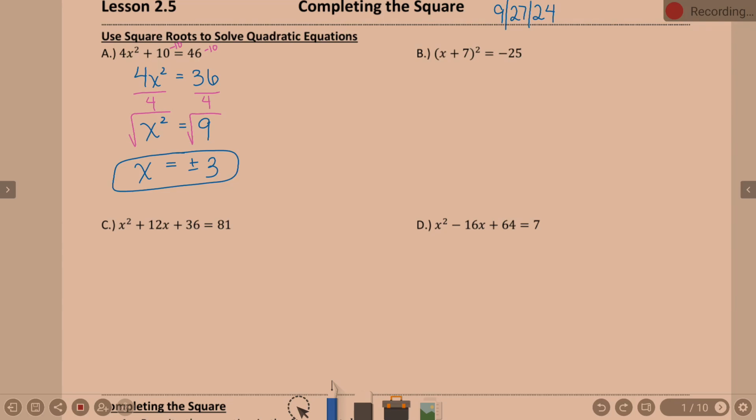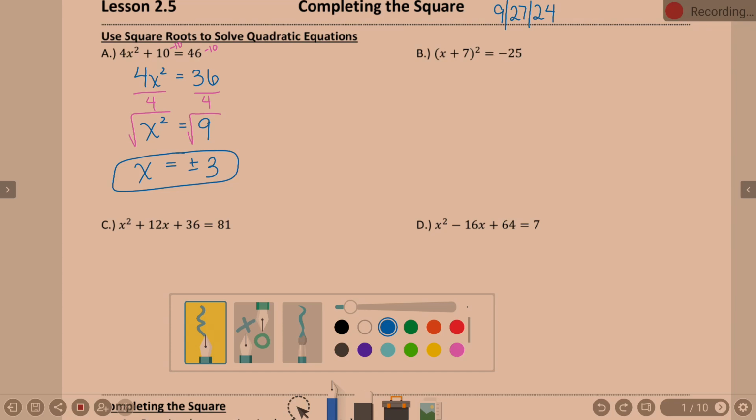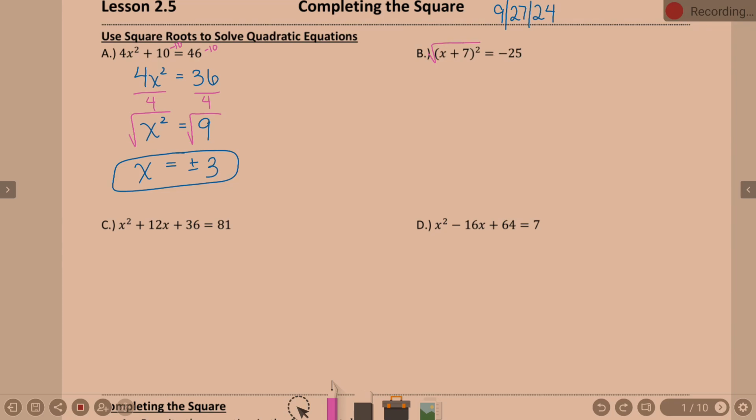Well, we don't even have to multiply it out. It's just x plus 7 times x plus 7. That we can consider a perfect square. So the idea here is when you have parentheses squared, I'm not going to multiply that out. Since I have parentheses squared, I'm going to start right here by taking the square root, because I have those parentheses with the square on it.